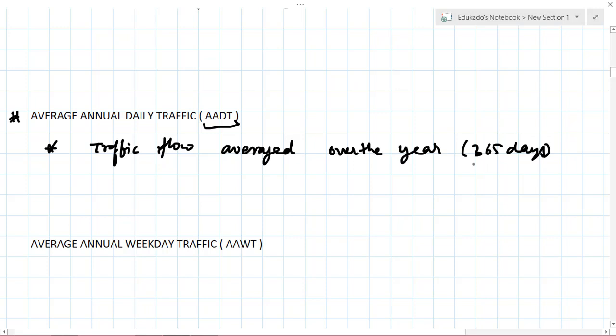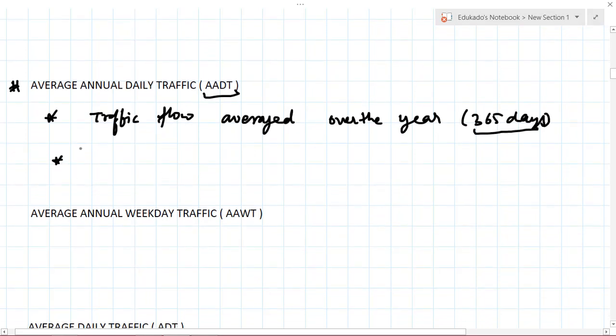The year consists of 365 days. How do we calculate it? Again, this is a road, you are standing over here counting each and every vehicle passing by, and this time the time interval is not very small, it's like 1 year.